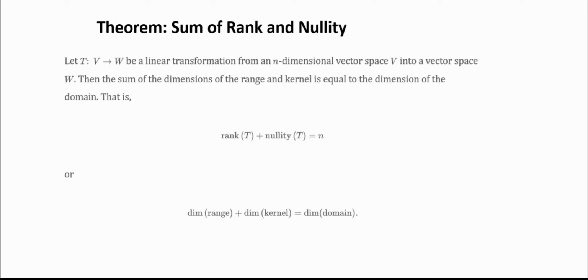That is, the rank of T plus the nullity of T is equal to n. That rank is the dimension of the range, and that nullity is the dimension of the kernel. And that's equal to the dimension of the domain, which we just say is n.